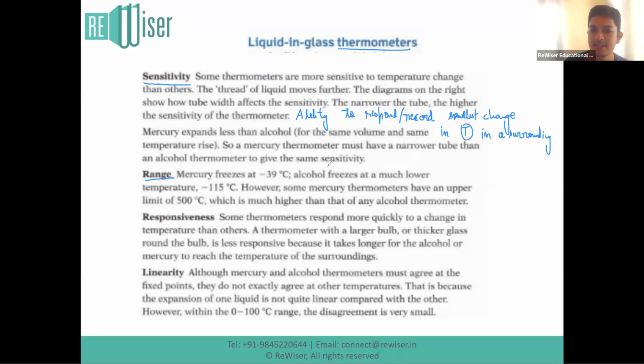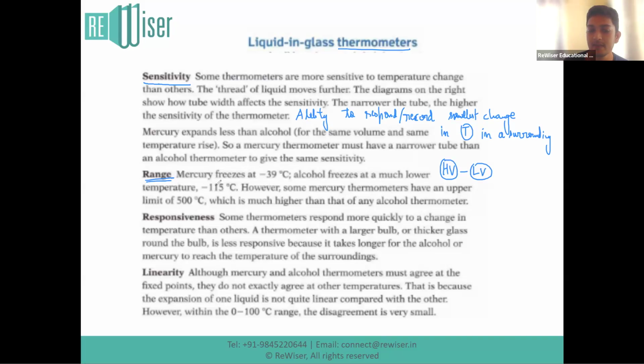Range. Range is, technically speaking, the highest value minus the lowest value in a thermometer. The greater the range of a thermometer, the more values it can take into account or show.